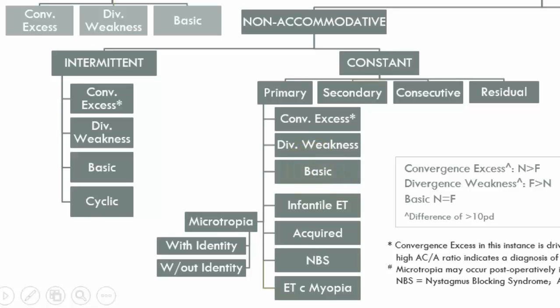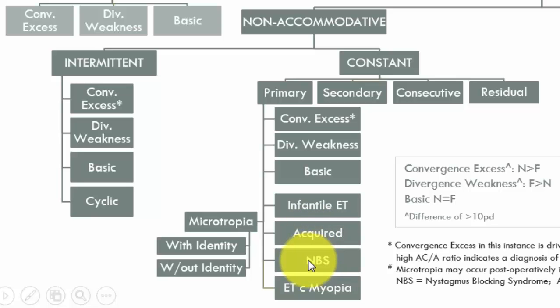But we also have specific types of esodeviations that are classified as non-accommodative constant primary deviations. We have here the infantile esotropia. This is an esotropia that develops under 6 months of age. The acquired esotropia, which is an esotropia that develops after 6 months of age.